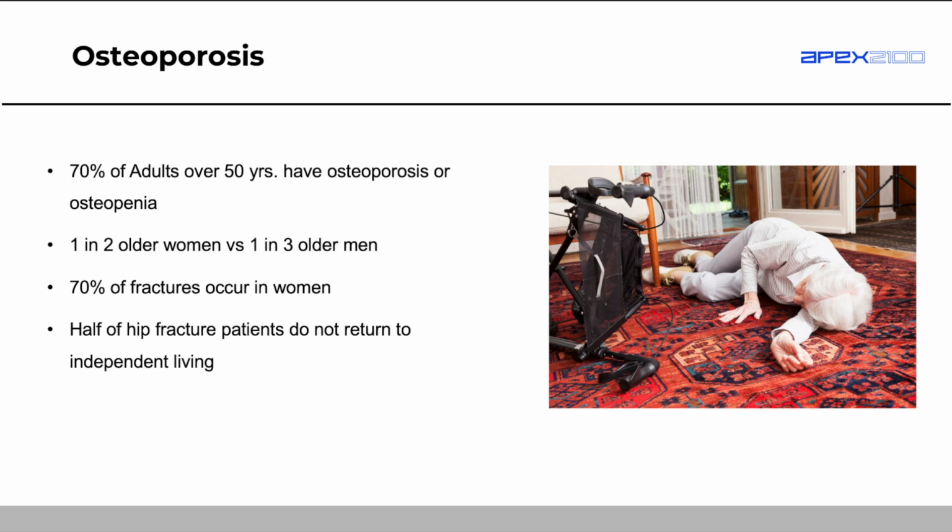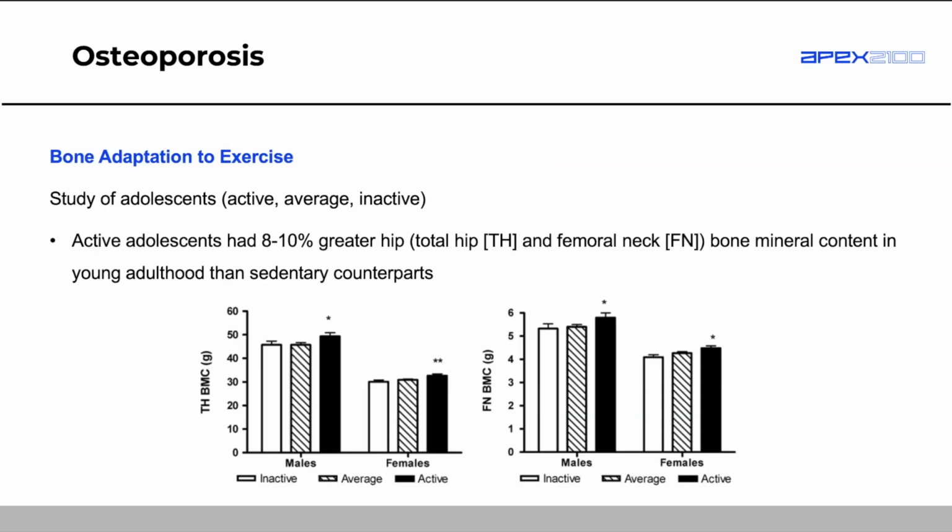So half of people who have a hip fracture and go to hospital for their hip fracture don't return home. They either go into care or stay in hospital. So it's really not great. It really affects older people's independence when they have these types of osteoporotic fractures.